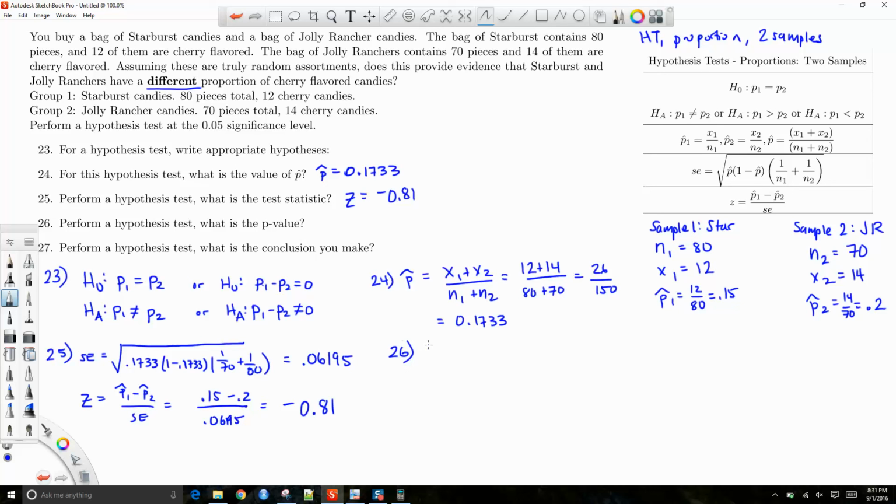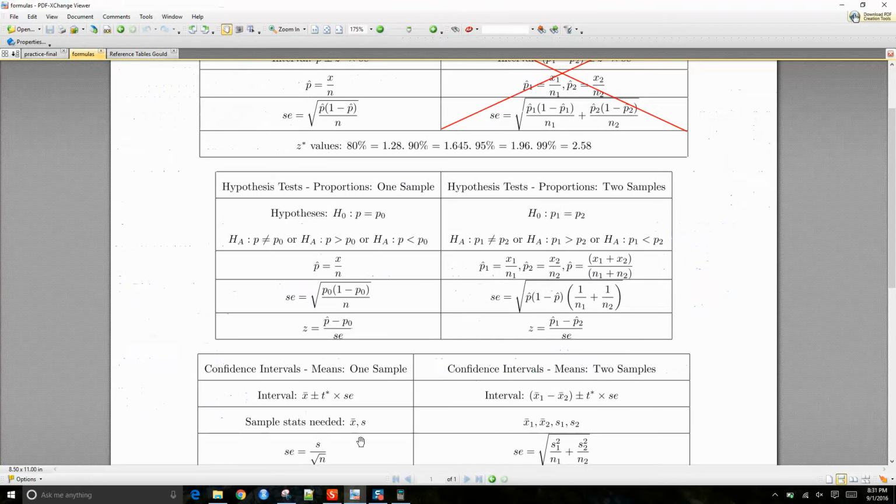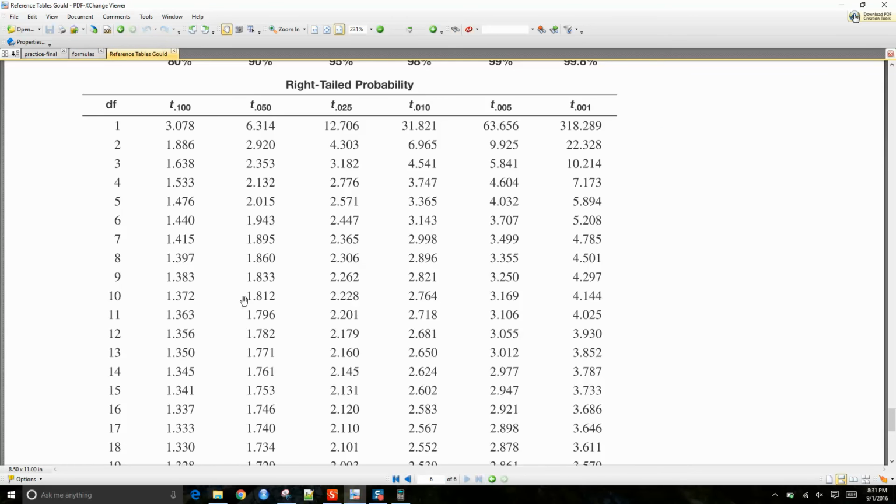So to get our p-value, okay, the alternative has a not equal sign, so the p-value is equal to 2 times the tail area. Okay, z is negative, so our tail area is the area to the left. So I go to my z table and I'm going to look up negative 0.81.